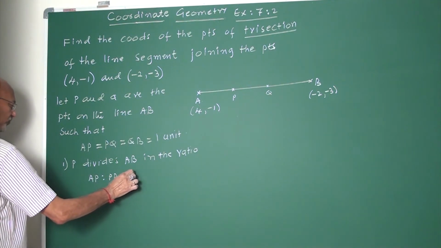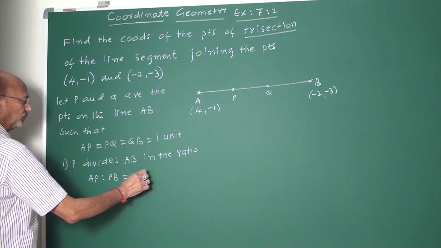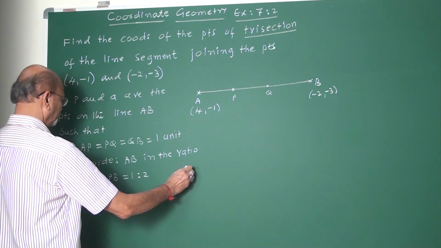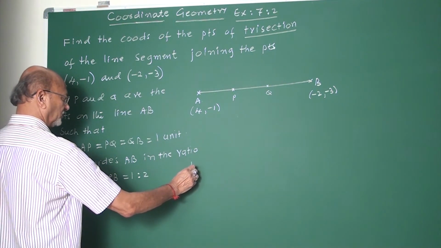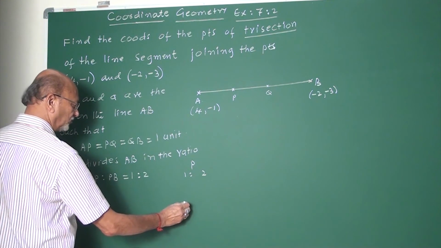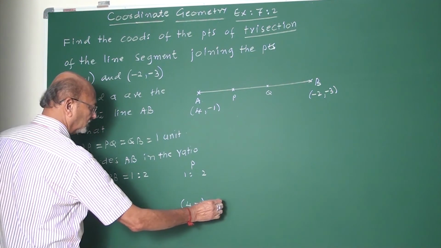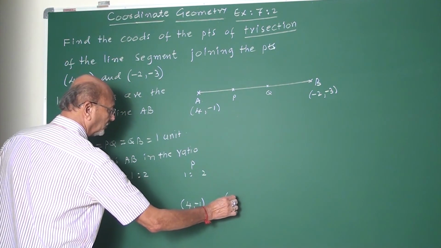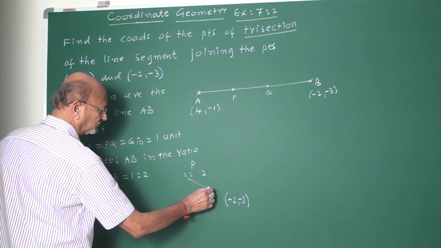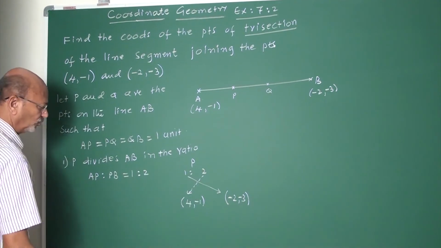What is AP? 1. What is PB? 1 plus 1, which means 2. This is your P. The ratio is 1 is to 2. The first point is (4, -1). The second point is (-2, -3). Next, coordinates of P.